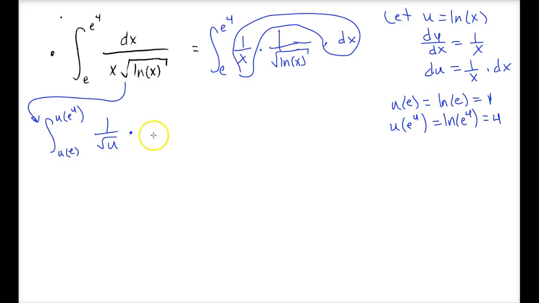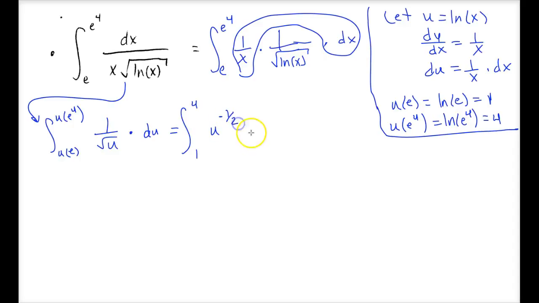And the 1 over x dx can just be replaced by du. And of course here we know that u of e is just 1. u of e to the 4 is just 4. And 1 over square root of u can be rewritten as u raised to the negative 1/2 du.